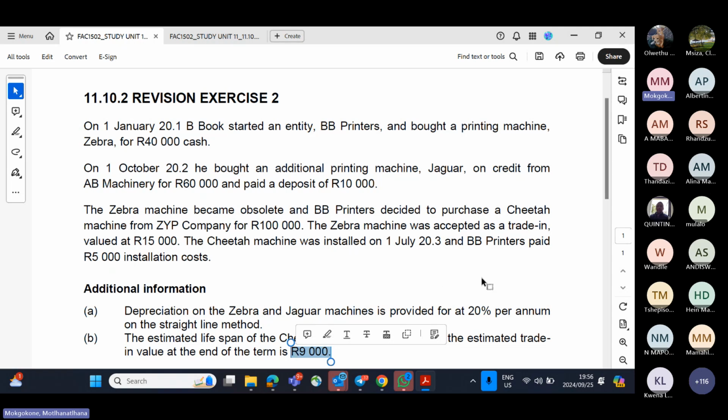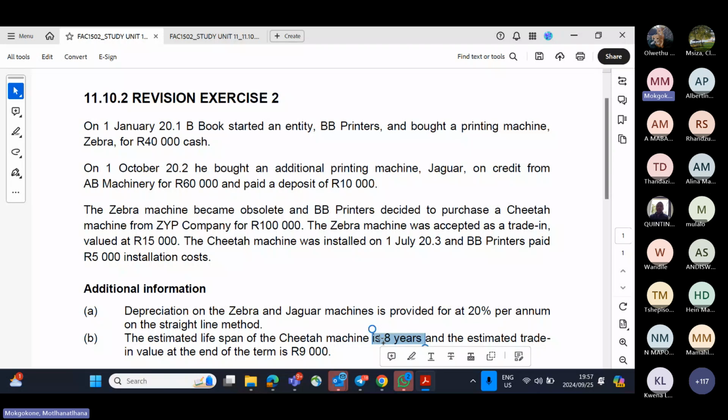Then you will say 96,000 divided by 8 years, which is given, times, because this machine was installed from 1st of July, July, August, September, October, November, December, 6 divided by 12. It will give you 6,000. Depreciation for cheetah machine is 6,000.